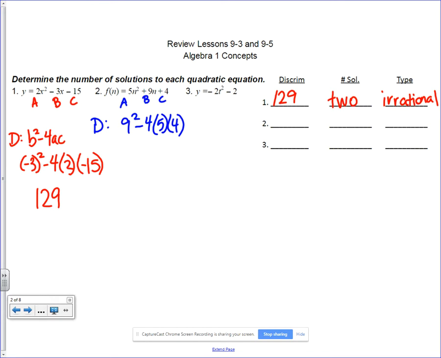Just one? Everybody else get just one? Okay, so 2, 1, or no solutions. 1 is positive, right? And is 1 a perfect square? It is, so this will be rational. Yeah, the square root of 1 is just 1.